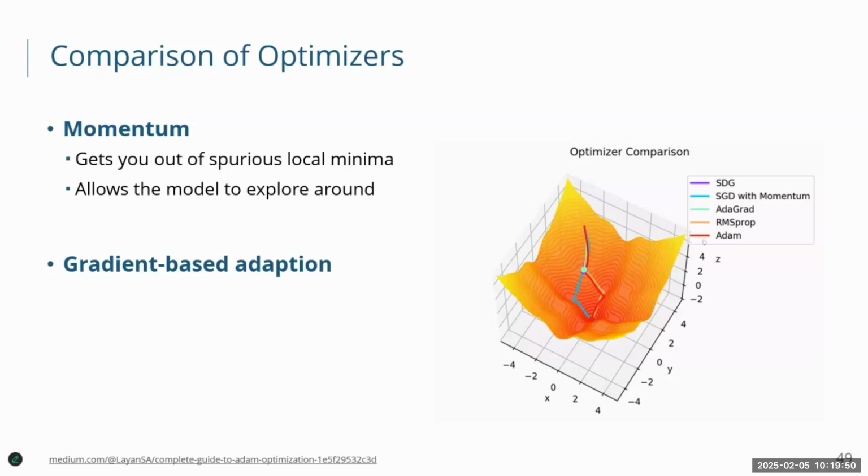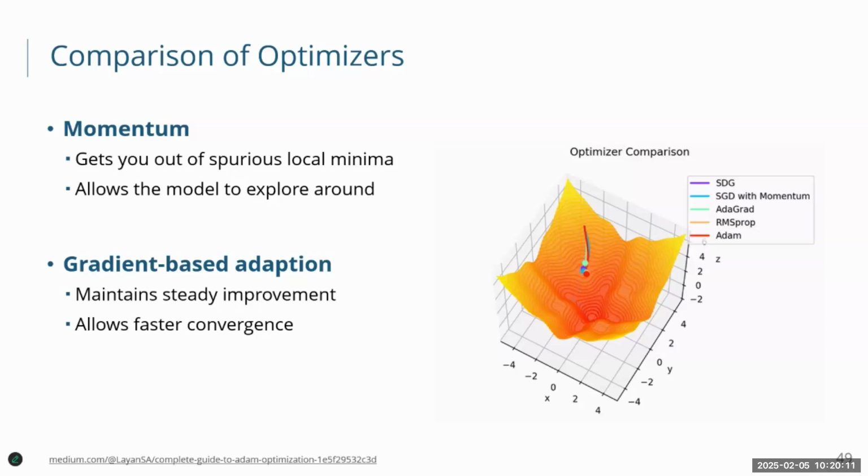The model will explore around the local minima, and it is much easier to jump outside of it because you have some momentum going on. For gradient-based adaptation, you can maintain steady improvement on all the axes. If one axis is much harder to train and has small gradients, you boost your learning rate on that axis. So it allows much faster convergence.